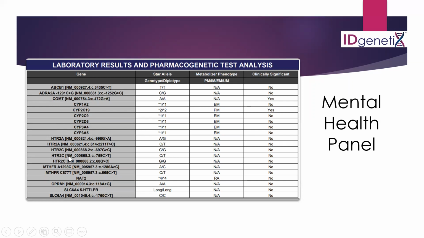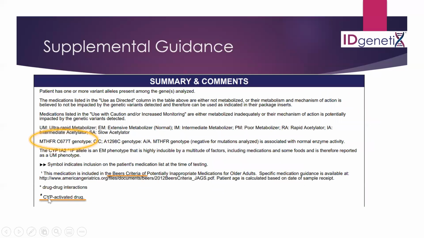HTR2C are more for the metabolic interactions of antipsychotics, such as weight gain or increased glucose levels. MTHFR is for the enzyme that converts the folic acid to folate, so it has to do with that cycle. NAT2 is for metabolism for some medications such as sulfasalazine. OPRM is for pain, and then SLC6A4 will be for the transporter for serotonin.